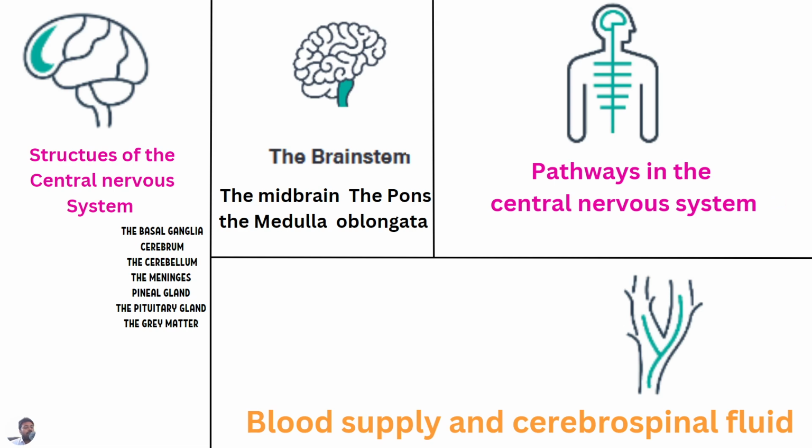Weight of the brain. The average weight of the human brain ranges from 1250 grams to 1600 grams. The average weight of a male brain is 1350 grams, while that of the female is 1250 grams, 100 grams lesser than the male brain.